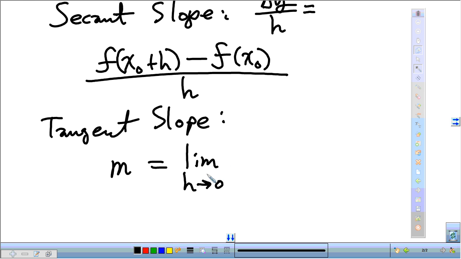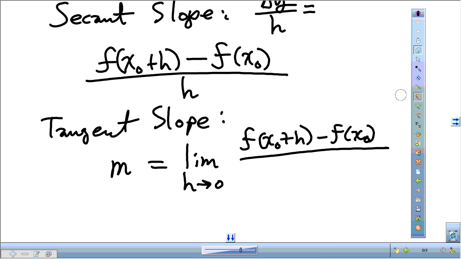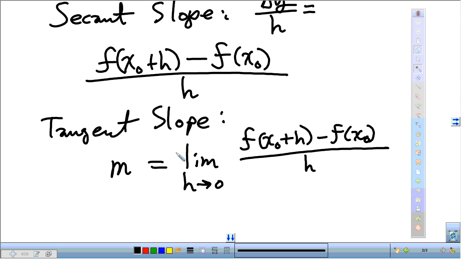Well, as small as we want by taking the limit as h approaches 0. So we have these changes in y over the changes in x as slope approximation. Take the limit as h to 0. We should get the slope of a general curve at a point.